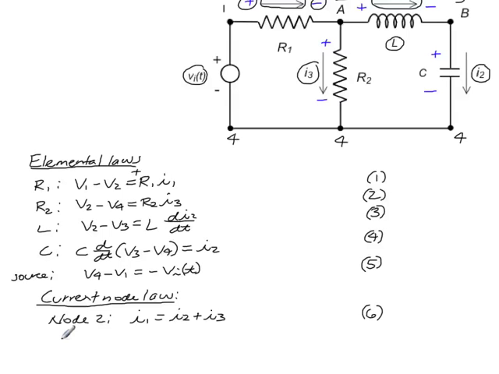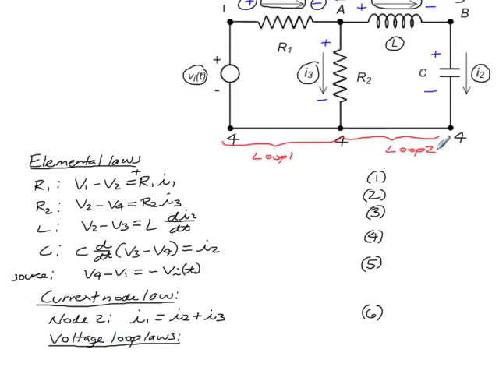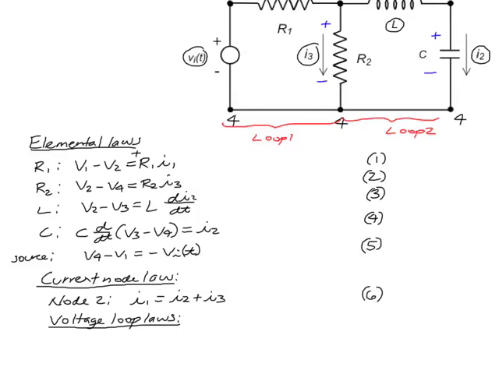Next, we're going to write down voltage loop laws. We have 2 of them because we have 2 loops in our circuit. So let's look at loop 1, and loop 1 is going to be this one here. Later on we'll do the same thing for loop 2. So for loop 1, we write down V1 minus V2.